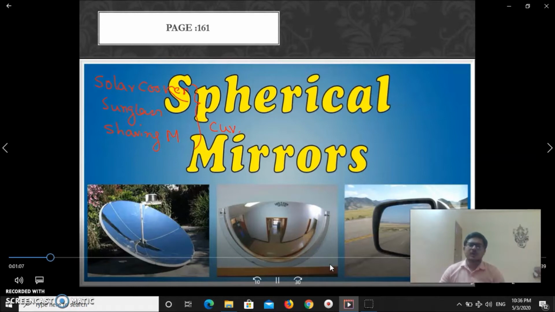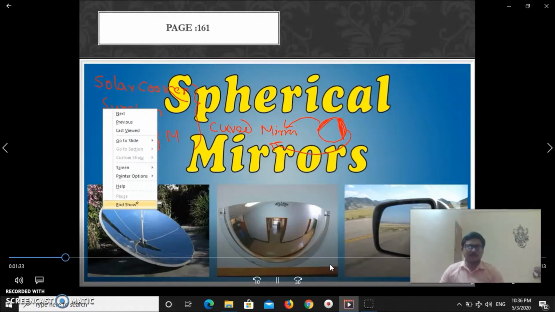There you have seen so many curved mirrors. Those are not plain. This curved mirror is known as the spherical mirror because it is a part of a sphere. They are constructed from a sphere. That's why they are called spherical mirrors. In this picture also I have given some glimpse of the spherical mirror.